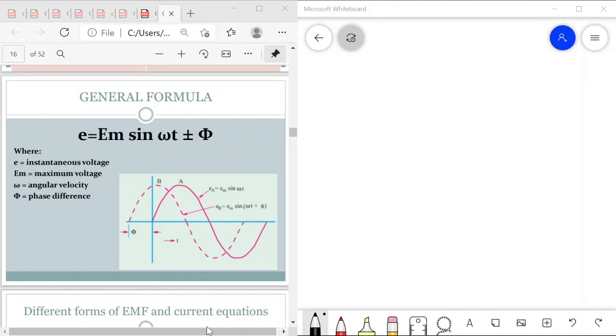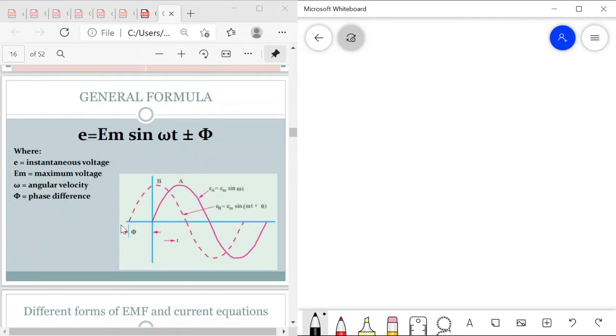So what if our equation or our wave did not start at 0? So here, this is our Em sine theta. But there are instances that it is not exactly at time equal to 0. So an example is this broken line.